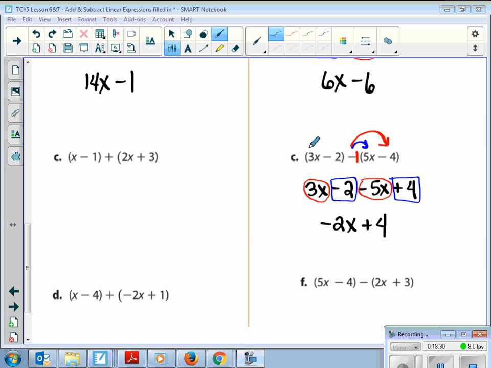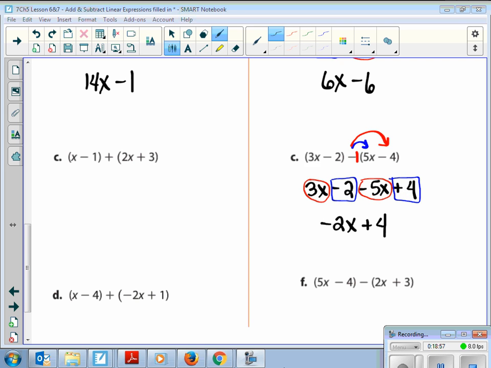All right, so for here, we're going to distribute the negative 1 throughout the parentheses, and we can take the first set of parentheses away, because there's just a positive 1 in front of that parentheses. So we have 3x minus 2, and then negative 1 times positive 5x is a negative 5x, and a negative 1 times a negative 4 is a positive 4.